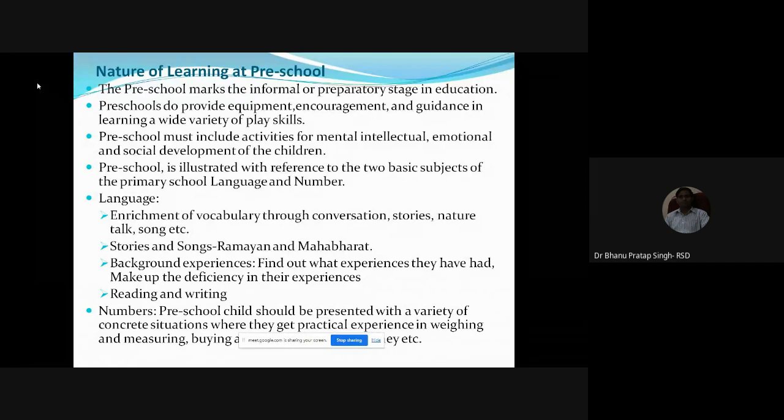So arithmetic deals with numbers. The preschool child should be presented with a variety of concrete situations where they can get practical experience of the weight of things and of measurement. We should also create situations where the child may buy something, and learn what money is, and by purchasing, what money is required and what money is left. So all this kind of knowledge should be given at preschool.